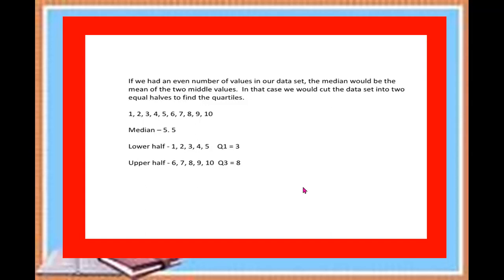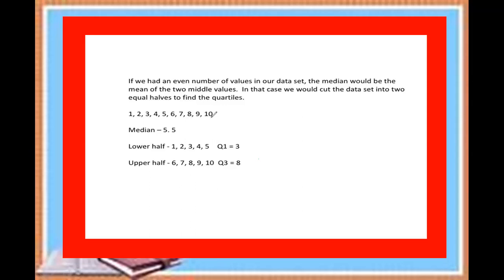So that means that if the given set of data is even, the example we had is an odd set of data because that is 13. Now in this case, we have 1, 2, 3, 4, 5, 6, 7, 8, 9, 10, a set of 10 data, which is even.